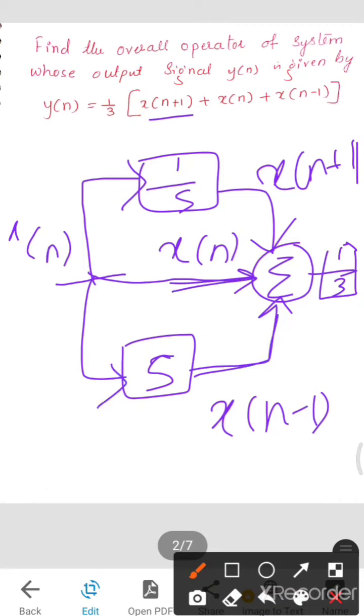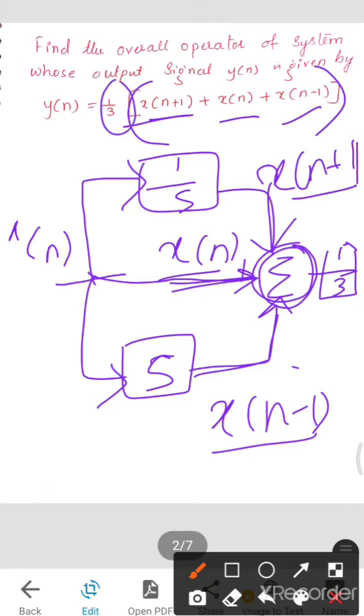Then add all these signals, that is x of n plus 1, x of n, and x of n minus 1, and take a summation of this. Then the entire thing has to be multiplied with the constant 1 by 3. Take one line, take 1 by 3. This output is your y of n.